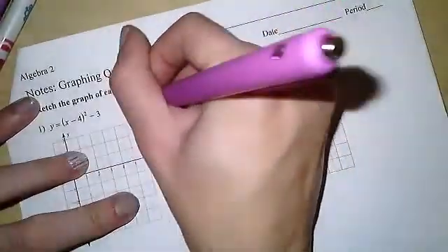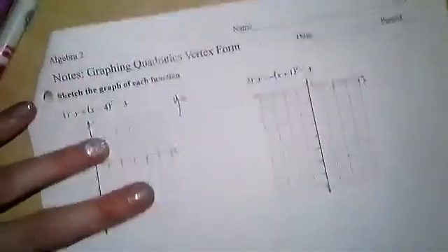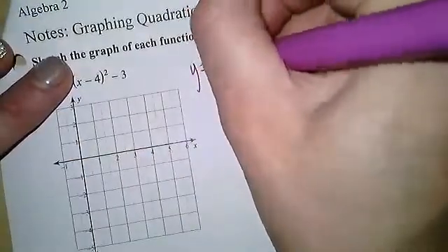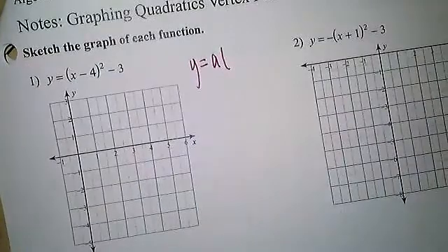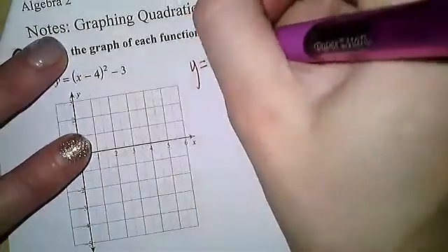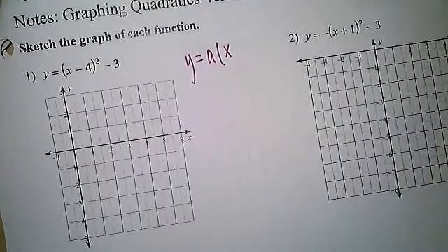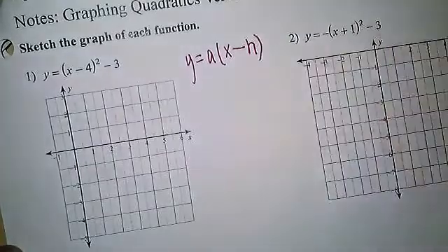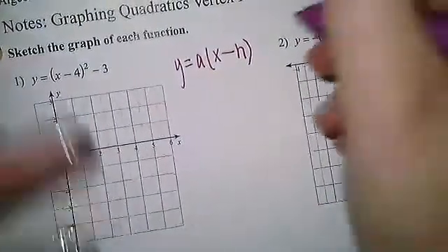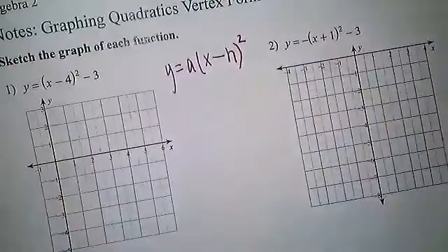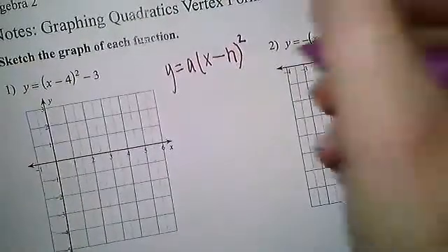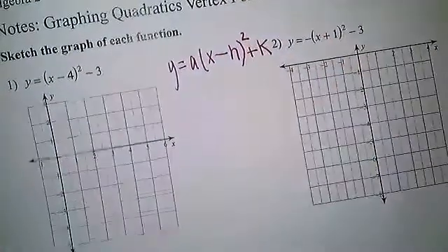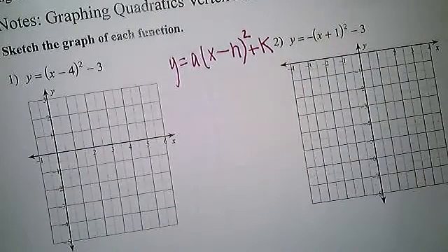And it is y equals a, and a is just a coefficient, so there'll be a number there, (x minus h) with a little 2 on the outside, and then plus k. H and k are new players in the game.